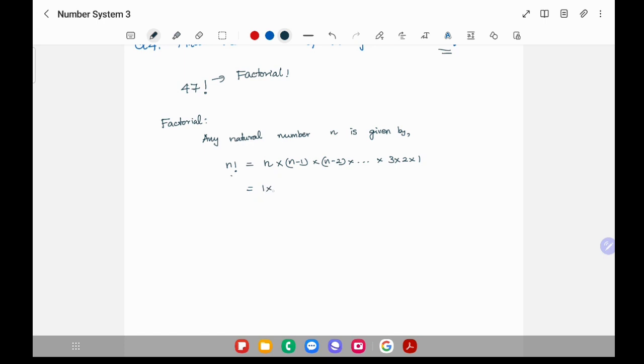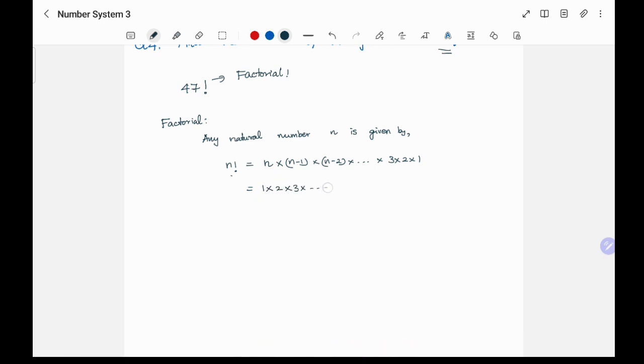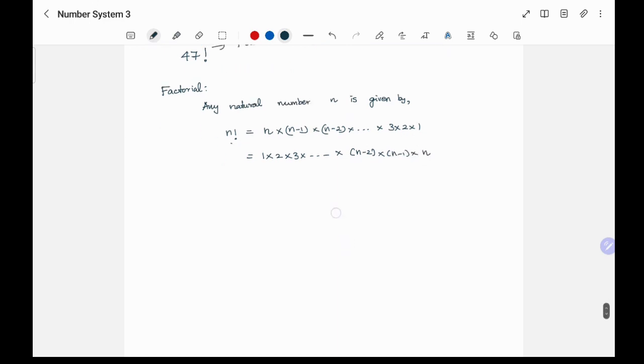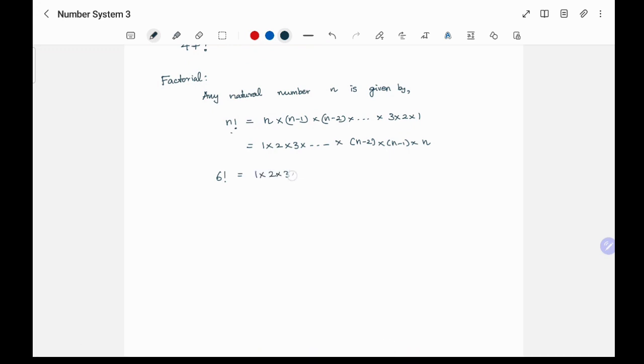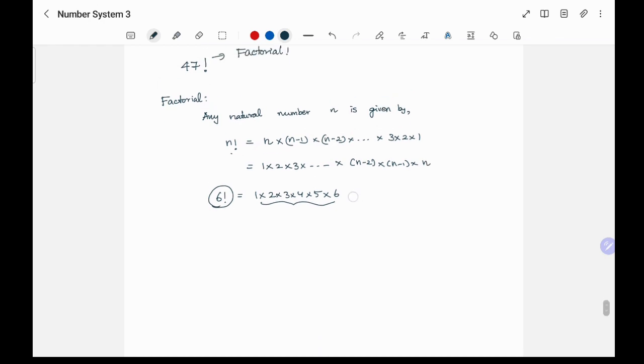This is the same as writing 1 into 2 into 3 into, and so on, into n minus 2 into n minus 1 into n. For example, 6 factorial is 1 into 2 into 3 into 4 into 5 into 6. So instead of writing this big expression, it is simpler to write it in this format, and it is called a factorial.